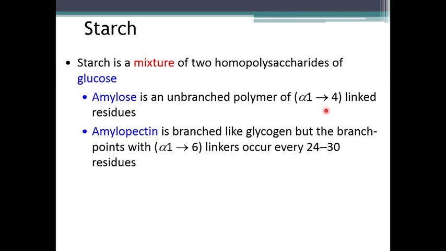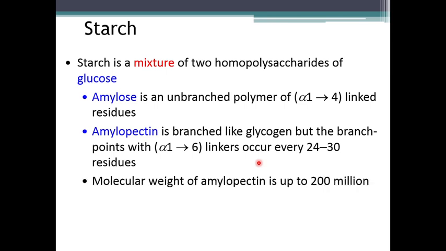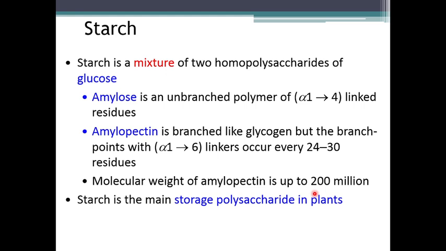Amylopectin is a branched polymer like glycogen, but the branch points with alpha 1,6 linkages occur every 24 to 30 residues, unlike glycogen. So starch is a mixture of both amylose and amylopectin. Molecular weight of amylopectin is up to 200 million. Starch is the main storage polysaccharide in plants.